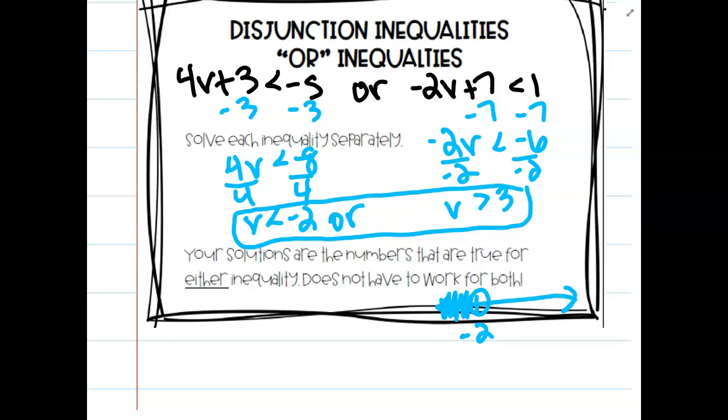Any one of those numbers works because it's a solution to that first inequality. It just has to work for one or the other. Or if it's not in that shaded area, it could be greater than 3. So I'd have an open dot at 3, shaded to the right. It could be any one of those numbers. So anything to the left of -2 or anything to the right of 3 works. Now, anything in the middle here, those numbers won't work. The outside numbers will.